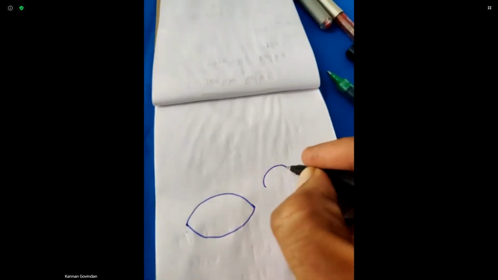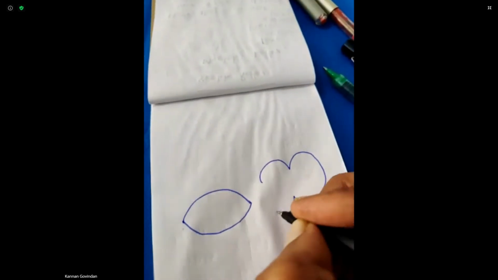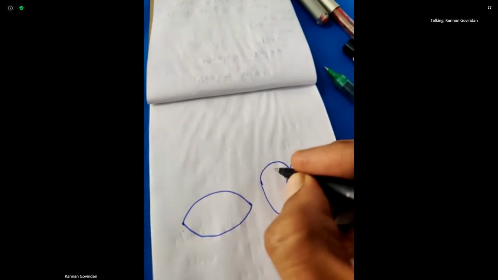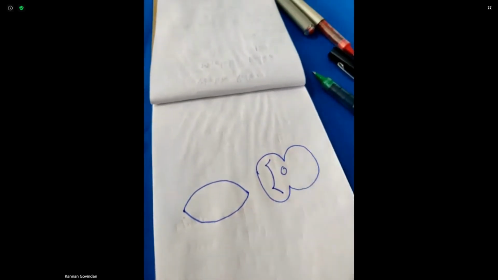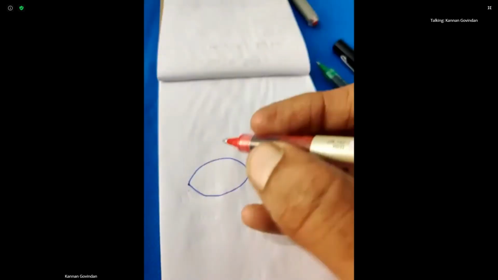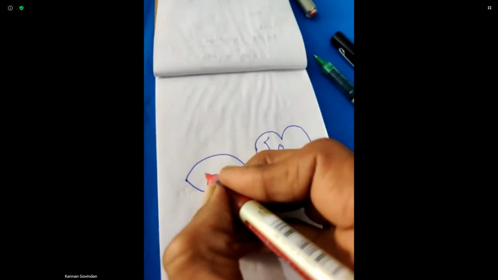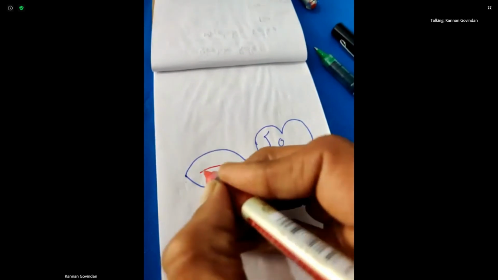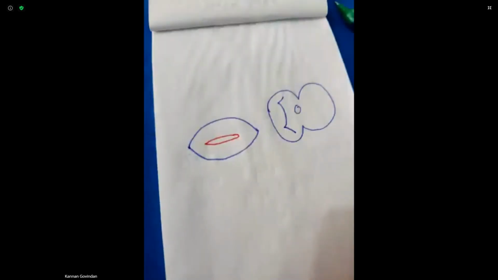Okay. See, this is the muscle, the spinal cord. Now what happens if you stretch the muscle? Okay, if you stretch the muscle, there will be a change in muscle length.